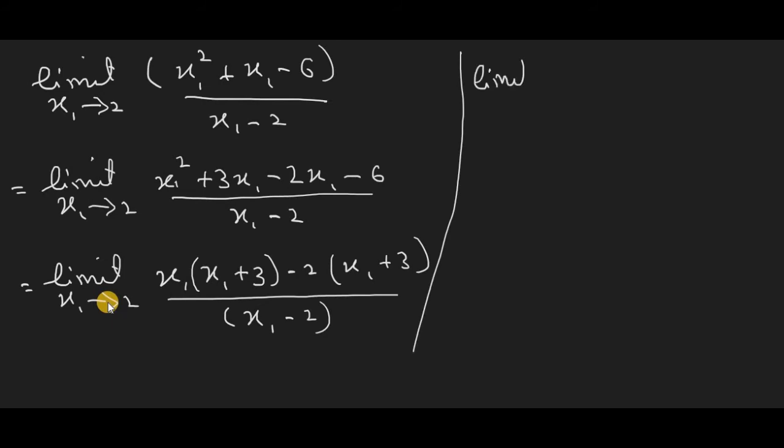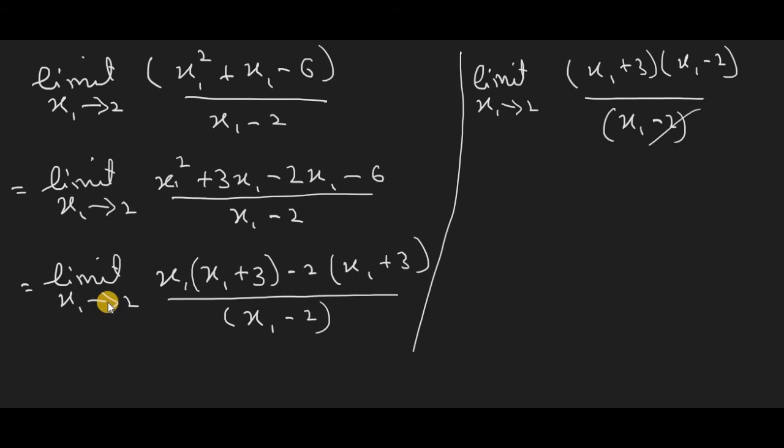Limit x1 approaches to 2, x1 plus 3 and x1 minus 2 whole divided by x1 minus 2. Cancelling x1 minus 2 with this, we get limit x1 approaches to 2, x1 plus 3.